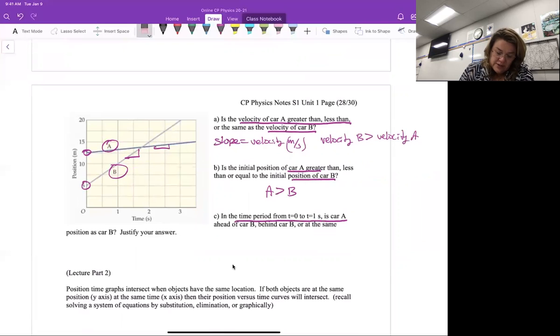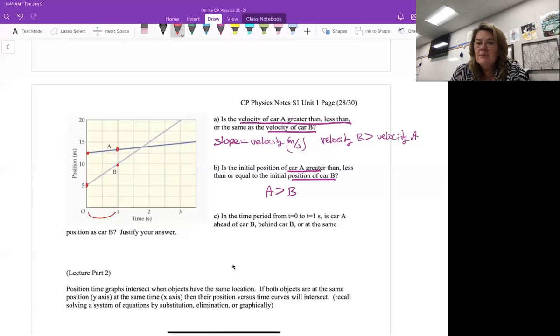Okay, let's erase some of these things so we can see what we're doing. Once again, between the time 0 and 1 second, is car A ahead of car B, behind car B, or at the same location? So between 0 and 1, here's A, 0 and 1. Here's B, 0 to 1. At no time has B passed car A. So car A is ahead.